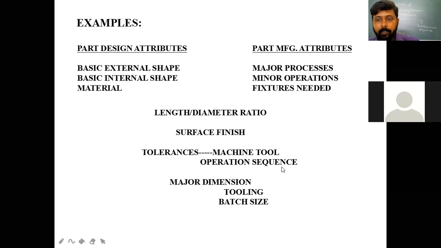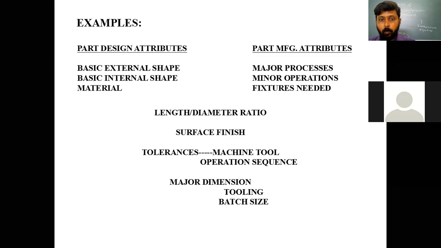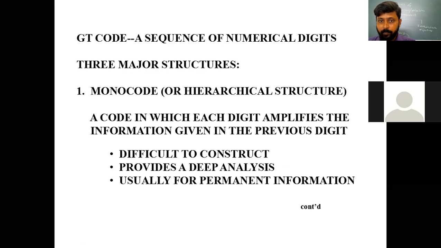So design attributes and manufacturing attributes are like this. And the third part is design plus manufacturing, so you have to combine everything, so you are going to get everything. Okay, so this is how GT classification and coding system is to be considered.